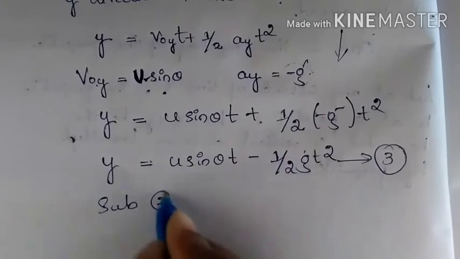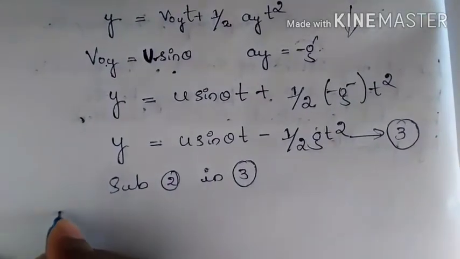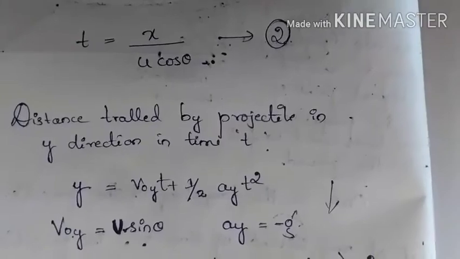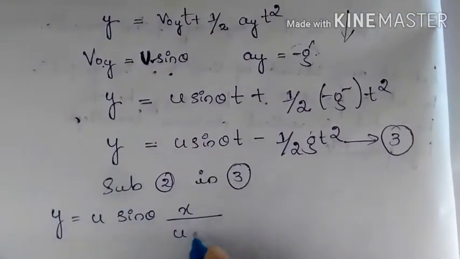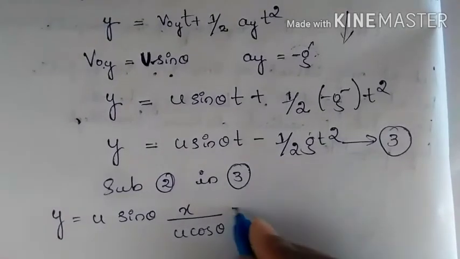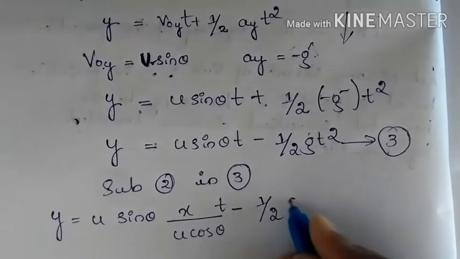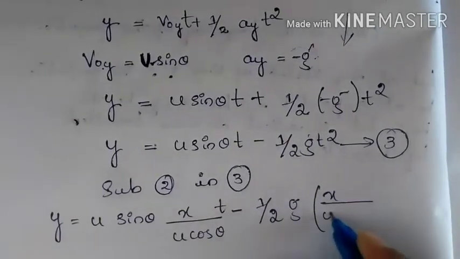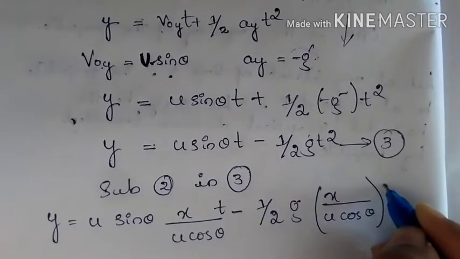Substitute 2 in 3. What do you get? y is equal to u sin theta, t is x by u cos theta, so x divided by u cos theta, multiplied by t, minus half g t, which is x by u cos theta whole square.